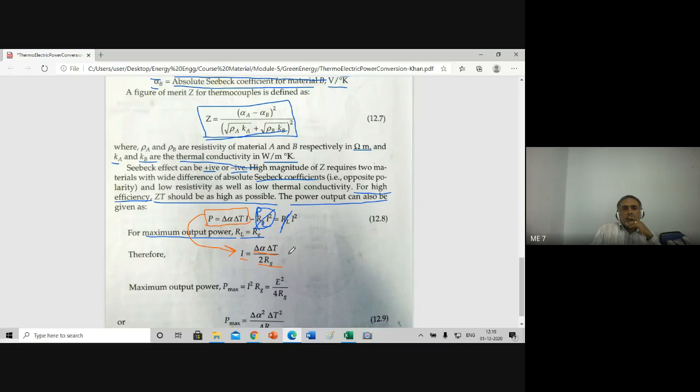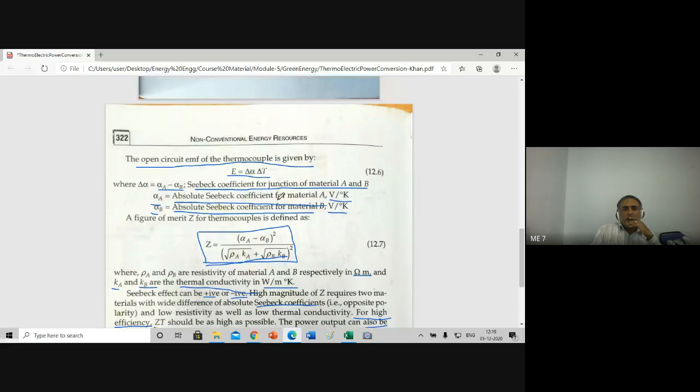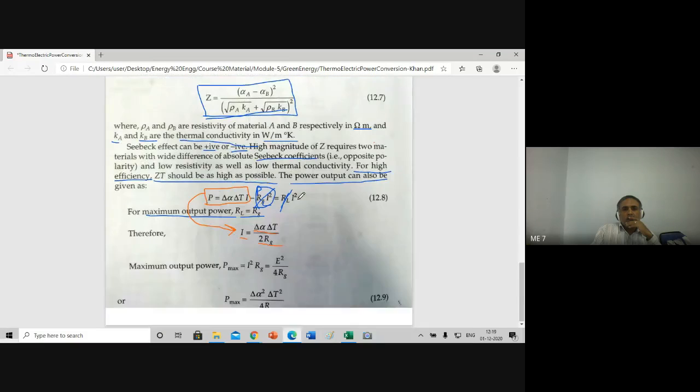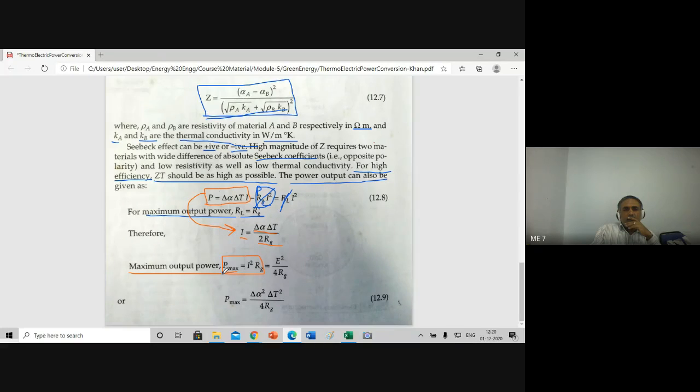By using this equation, now the maximum output power, P maximum, is given by I square Rg. So you substitute I here; in place of I, you put this one. So you are going to get this type of equation.